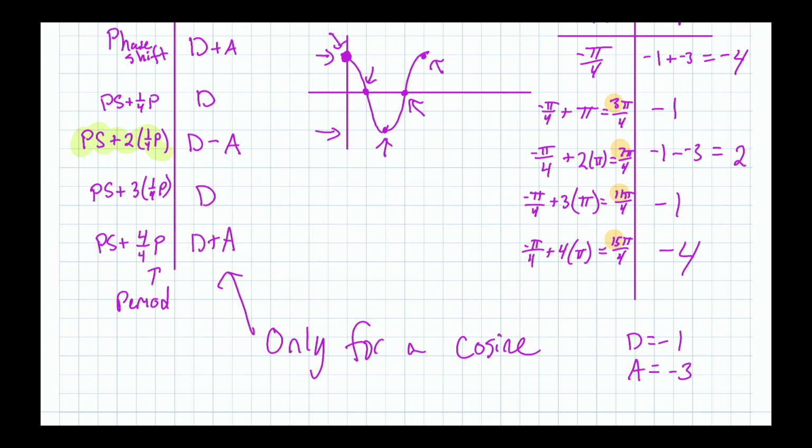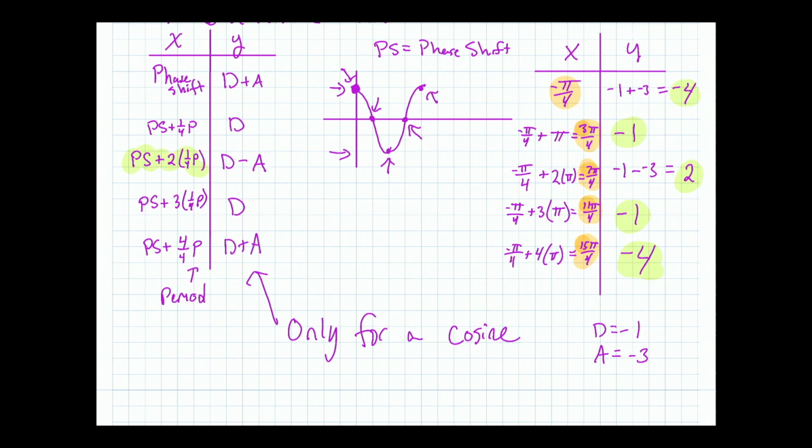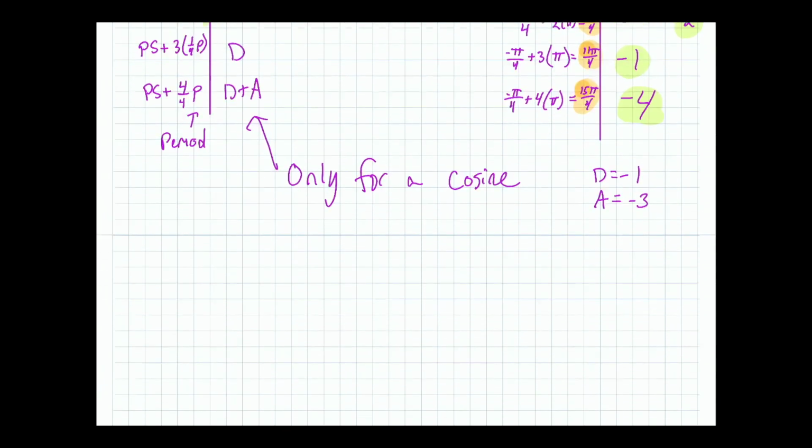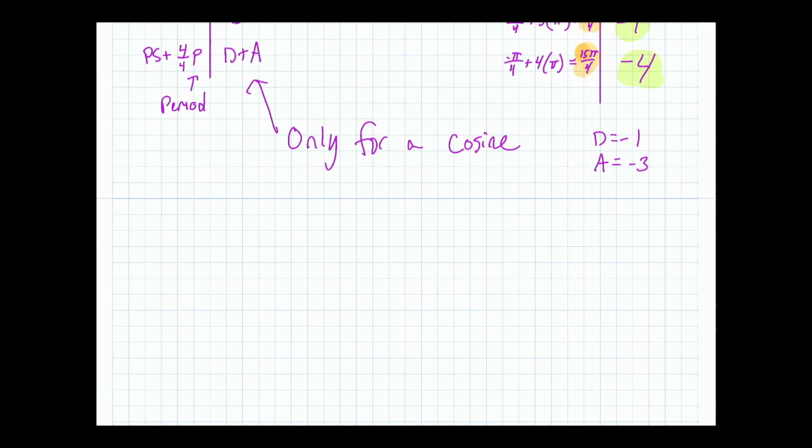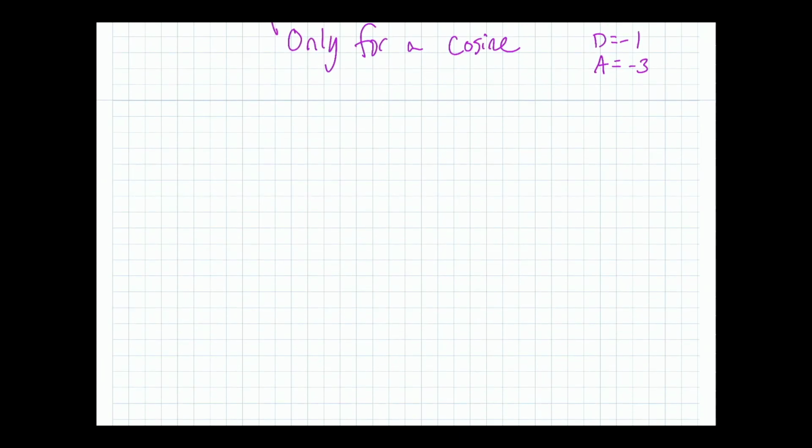So overall, I've got these x values and these y values, okay? And I haven't thought too hard. I just had to know what values were going to be in my table to get those. So with those in mind, let's see if we can plot this now.